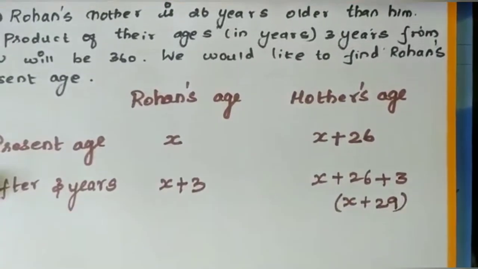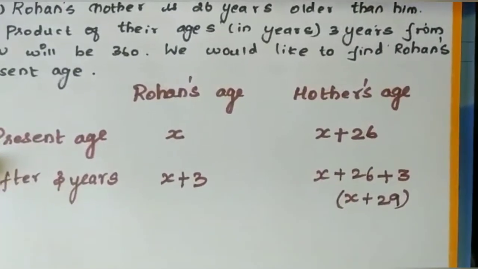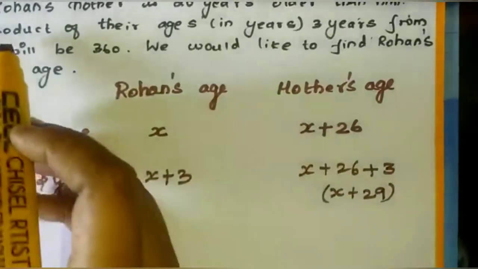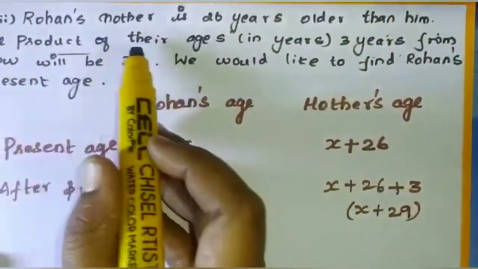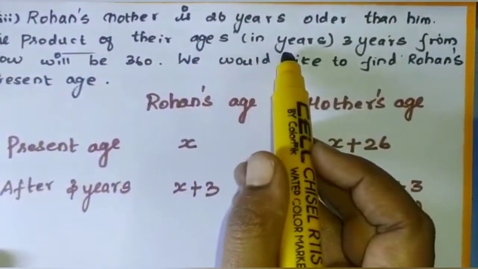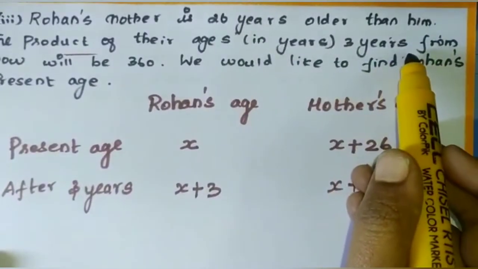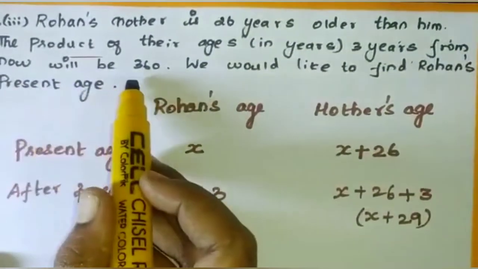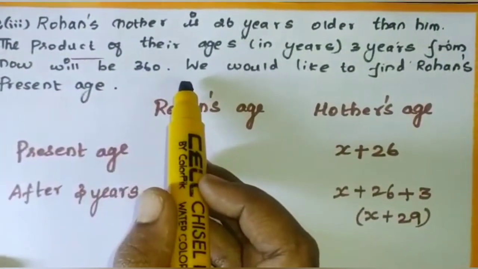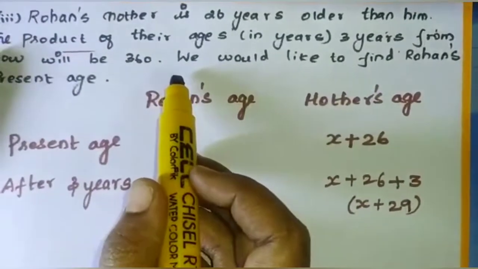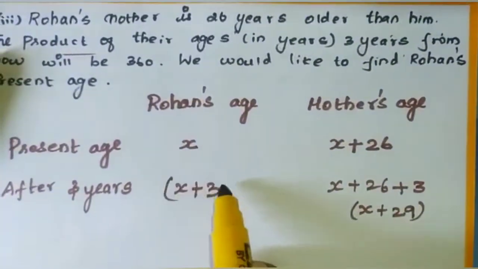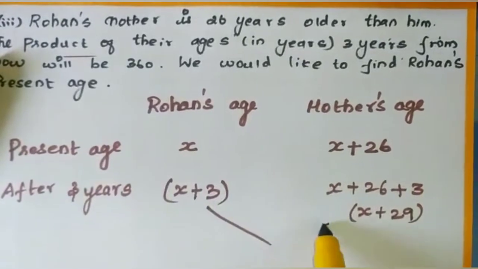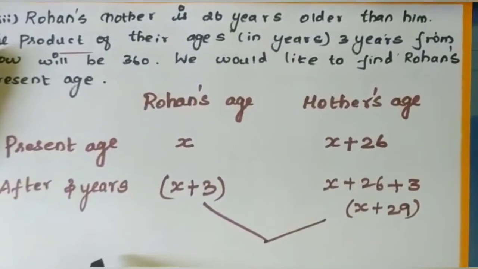Okay, x plus 29. Now the product of their ages 3 years from now will be 360. So the product of these two is 360.